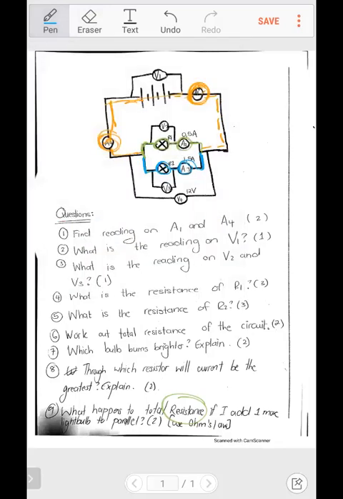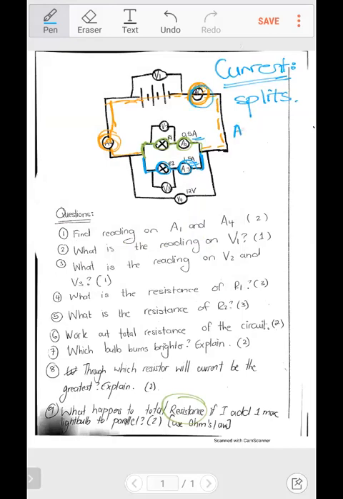So we learn that current in a parallel circuit always splits, right? That means that if I take this current plus this current, I am going to get the total current.